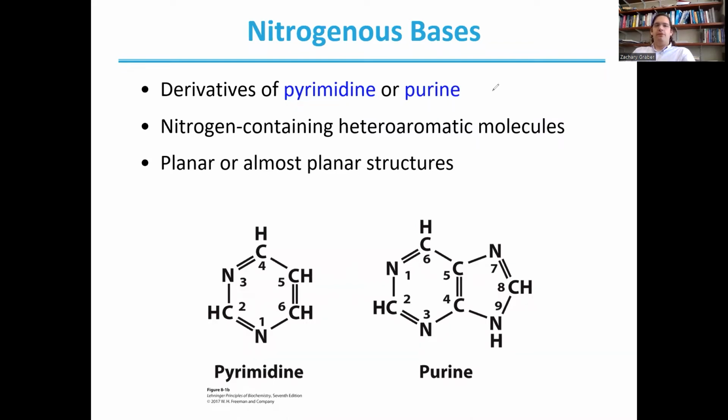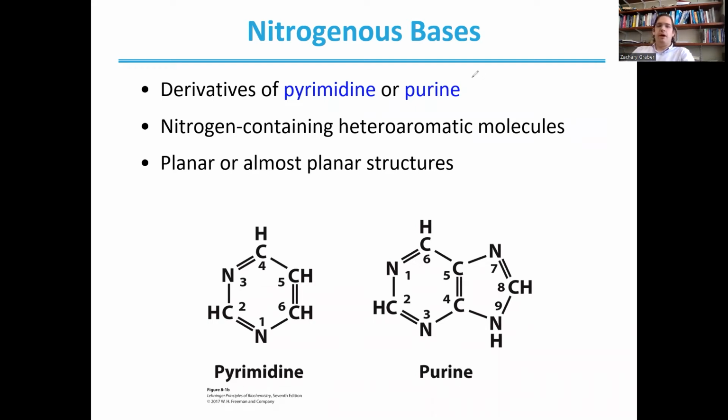While the phosphate of our nucleotide is very important for interacting with other molecules using that negative charge, it's really the nitrogenous base that makes our nucleotides unique from each other as well as from other biomolecules. Right? So every nucleotide will have a phosphate group attached, normally at that 5' position, but our base will be different for each of our unique nucleotide monomers.